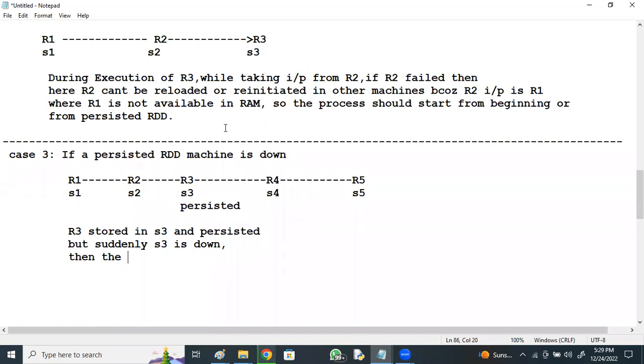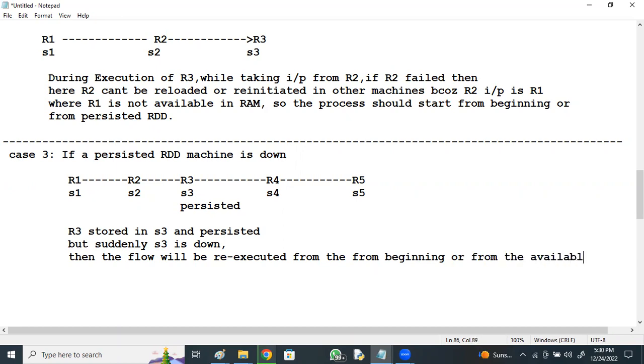So the flow will be re-executed, from the beginning or from the available source, automatically.